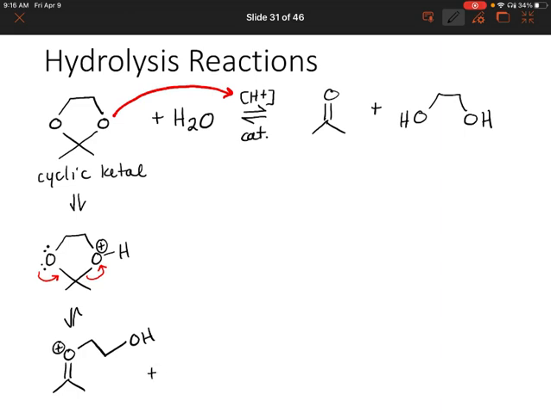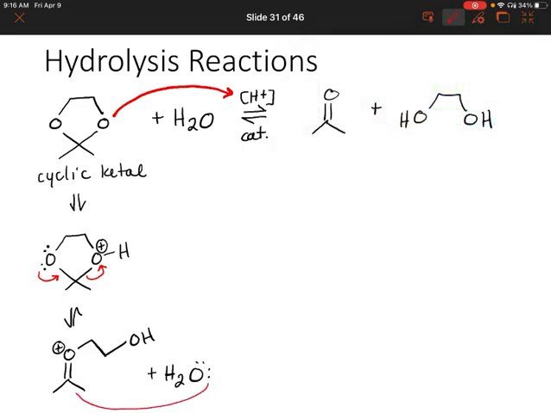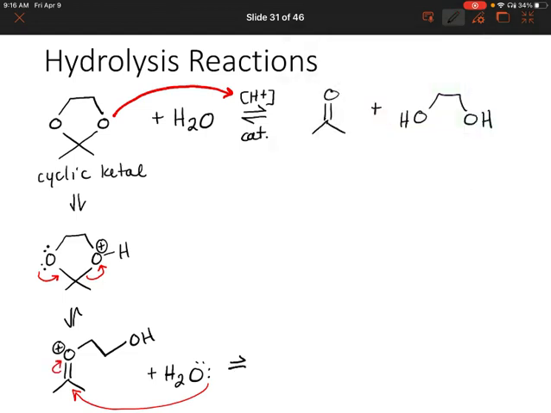Next, water is going to come in and act as a nucleophile. It's going to attack the carbonyl carbon, which will move pi electrons up to the positively charged oxygen.